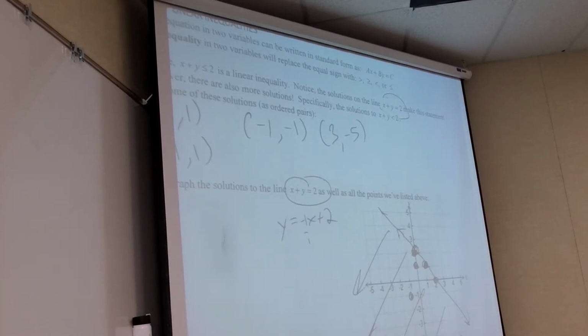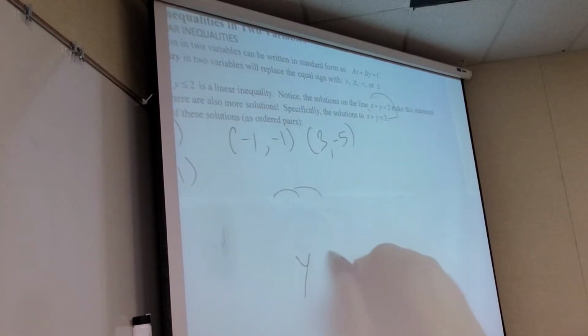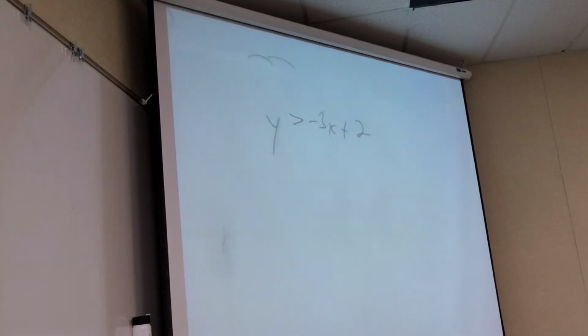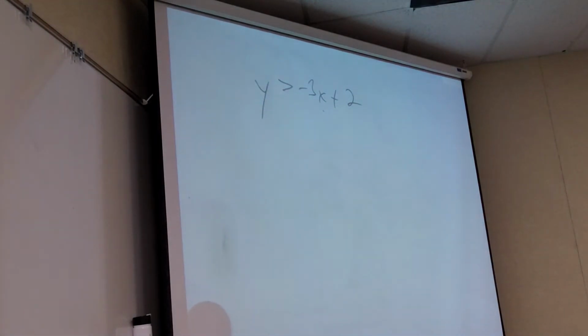So what if I had a problem like this? y greater than negative 3x plus 2. Something nice and quick. The points that are on this line no longer work.